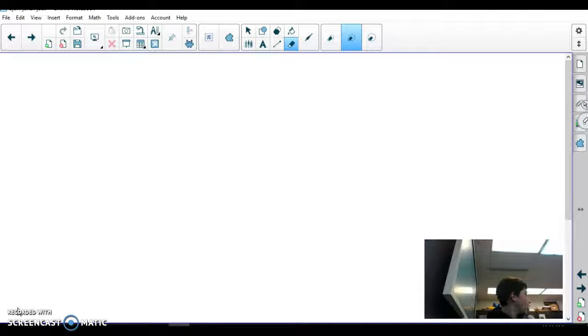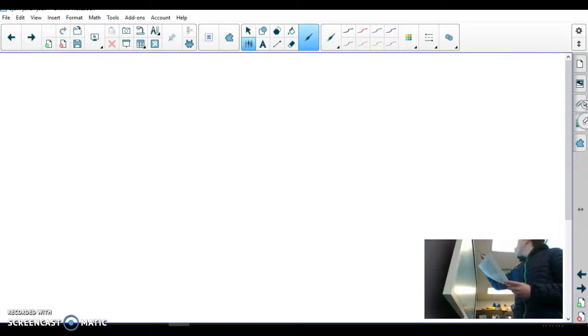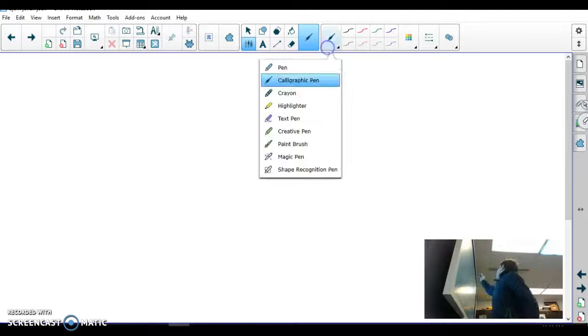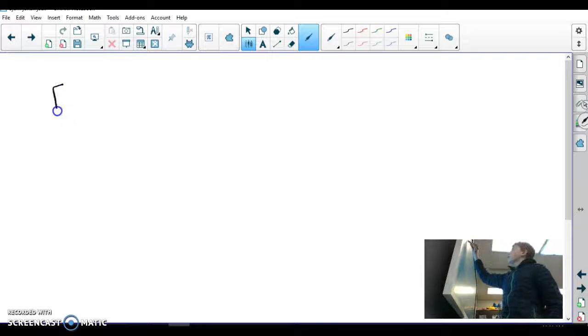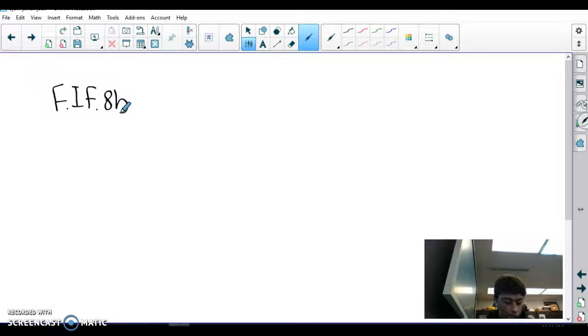Alright, the next standard I'm going to do is writing a function in different but equivalent forms and identifying the percent rates of change. So I'm gonna grab my equation.